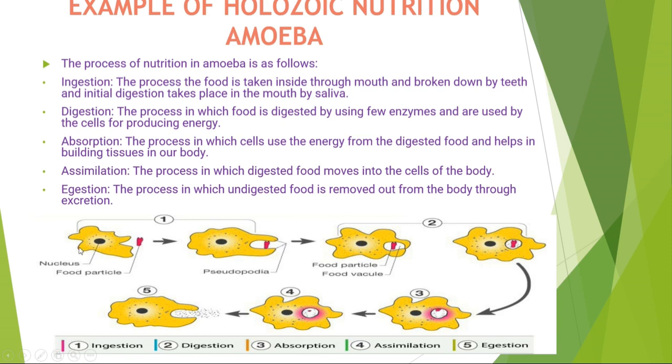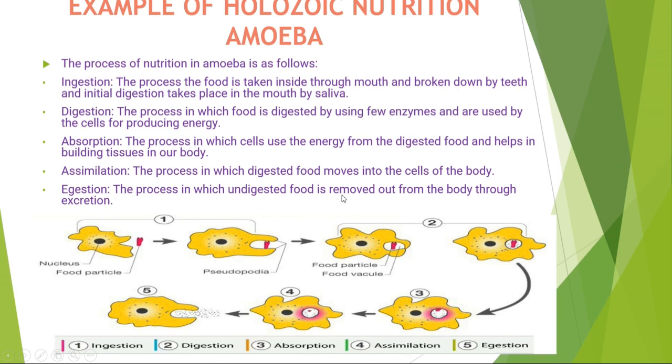They move through pseudopodia, and this black spot is known as the nucleus. Then the food particle is engulfed by the amoeba into a food vacuole, and then they take the food inside the body, extract the nutrients, assimilate them to different parts of the body, and then excrete the undigested food again. This is the whole process.